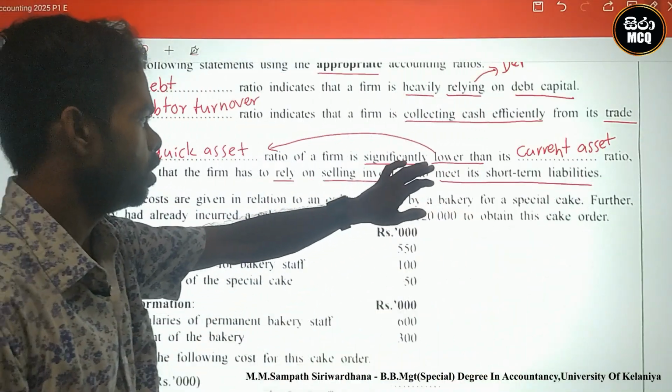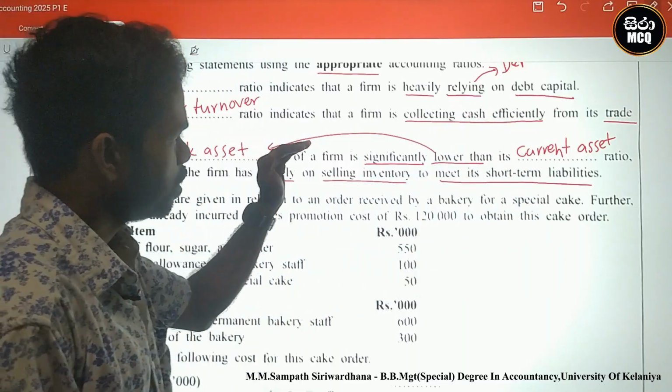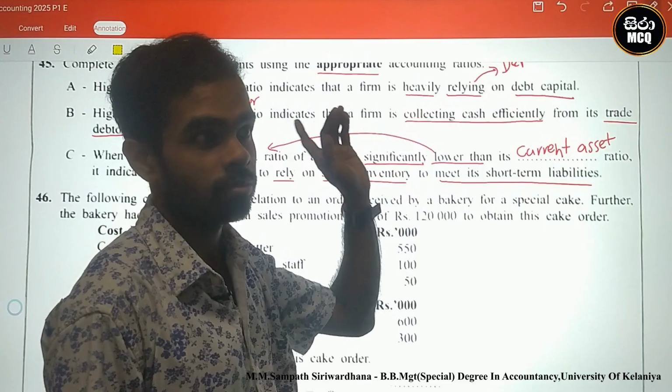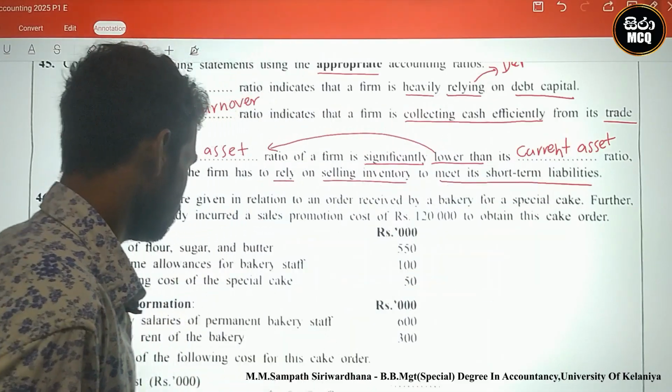Why is it lower than the current ratio? The quick asset ratio of the firm is significantly lower, 0.5.